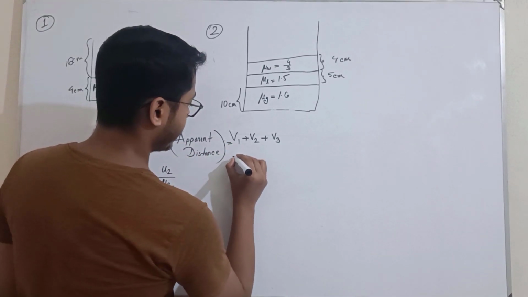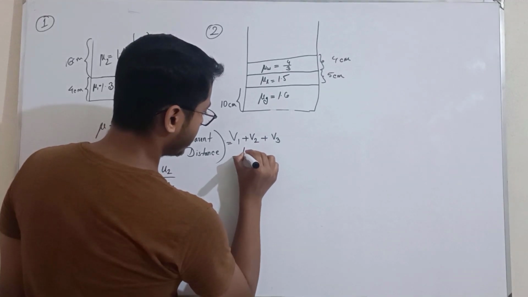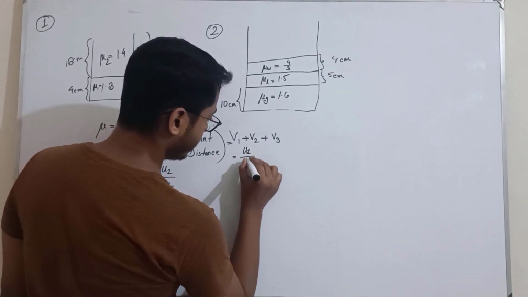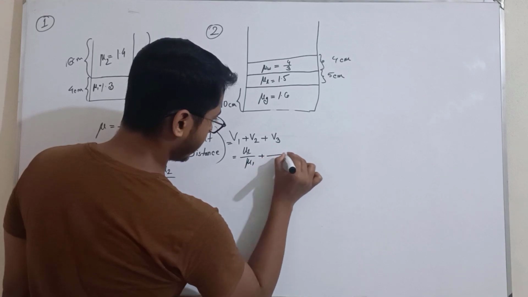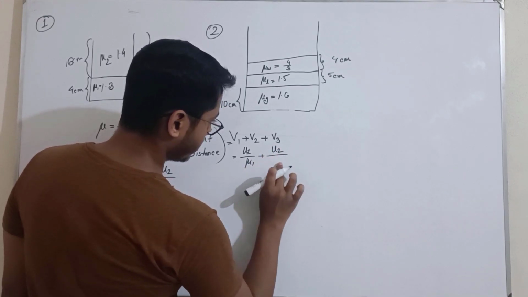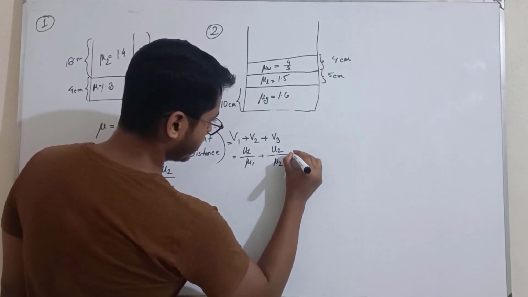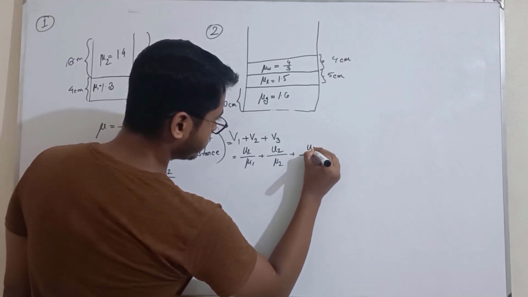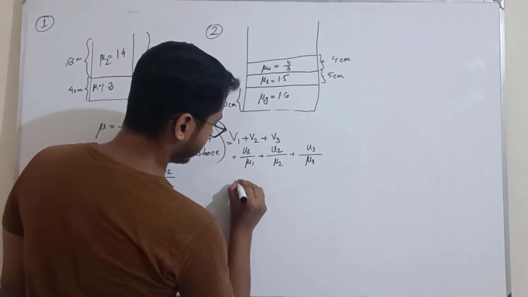We can write V is equal to U1 by nu1 plus U2 by nu2 plus U3 by nu3.